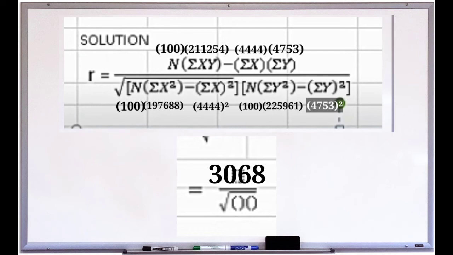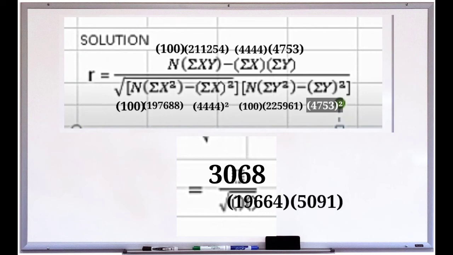The result is 22,596,100. Then let's get the result of 4,753 to the second power, which is 22,591,009. So let's subtract: 22,596,100 minus 22,591,009, and the result is 5,091.